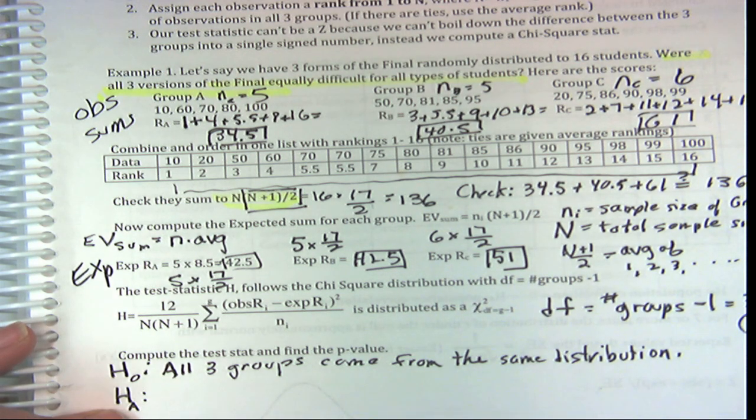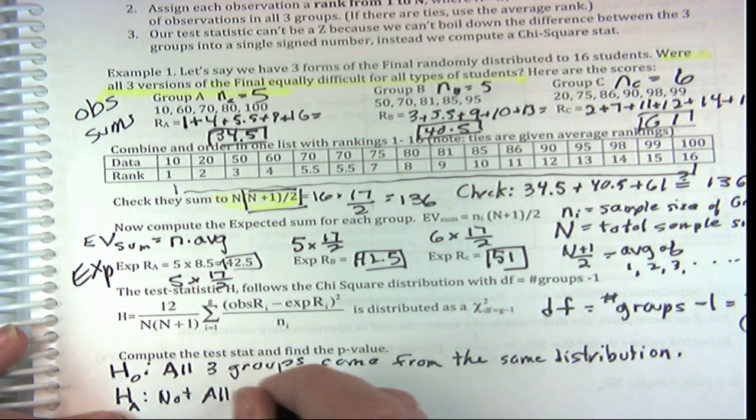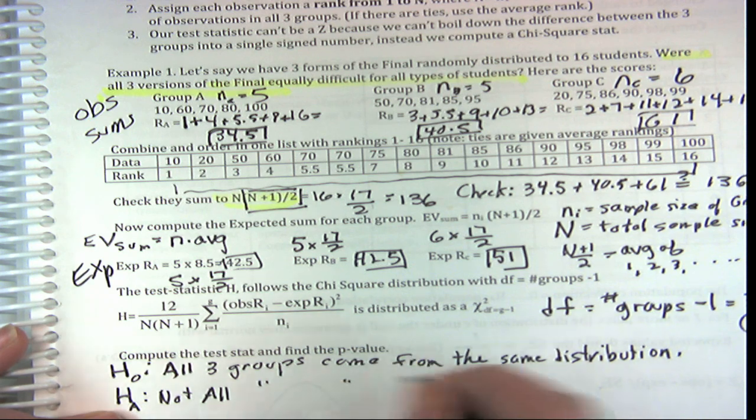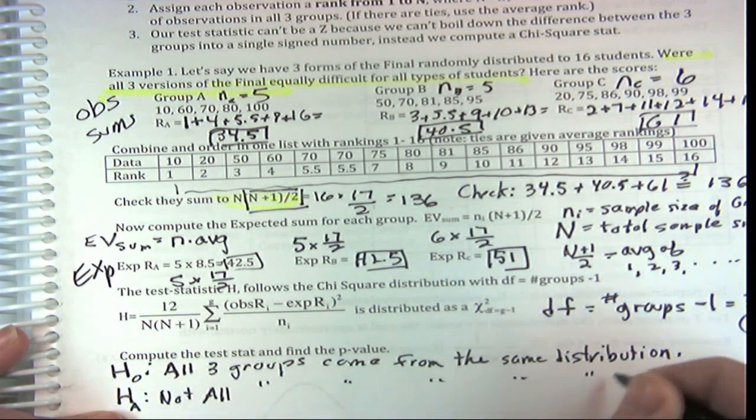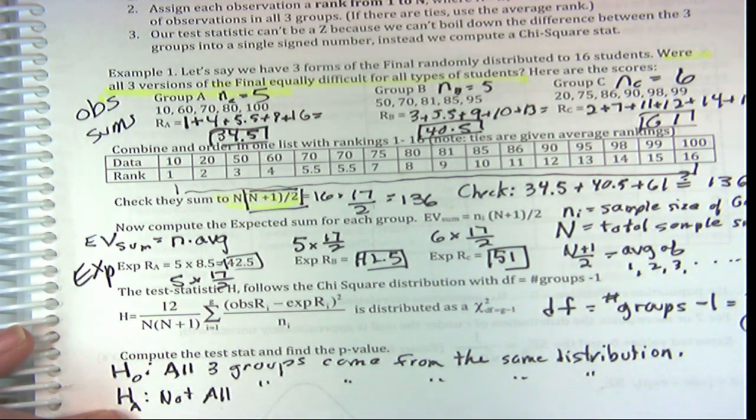There's at least one segment of students for whom it's different difficulty, which is the same thing as saying that not all three groups come from the same distribution. At least one of them is different, either easier or harder.